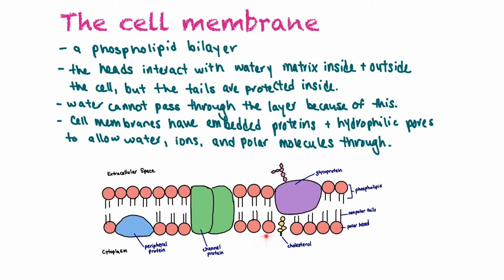Also, you'll see here, cholesterol is embedded in the protein, and cholesterol's job is to change the fluidity of the membrane. So it's found in animal cell membranes. It's mostly hydrophobic, so that's why most of it is embedded into the fatty acid tail portion of the phospholipid bilayer.